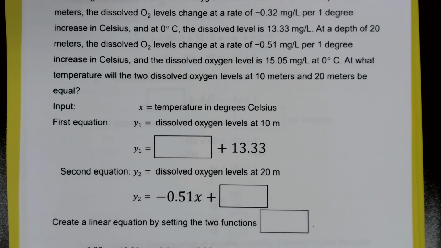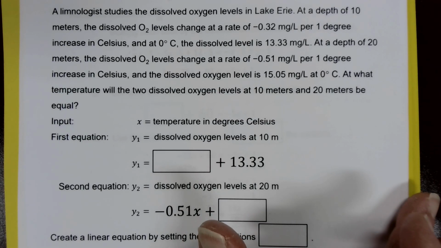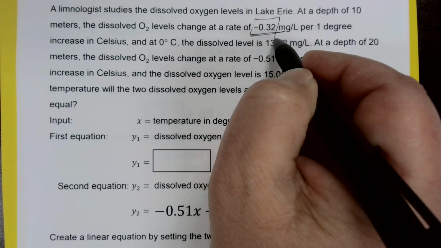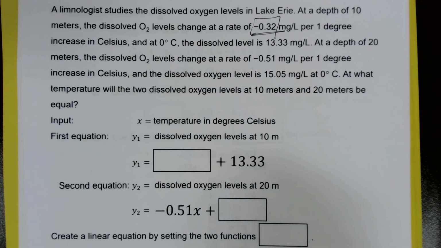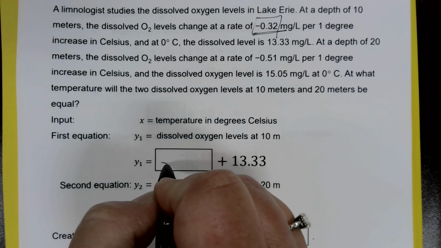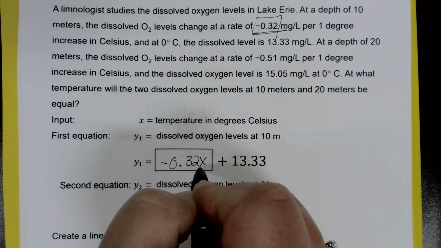Okay, so the first input is the temperature in degrees Celsius. Here's that amount. So that is negative 0.32x.